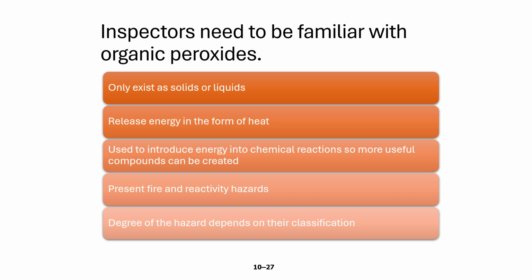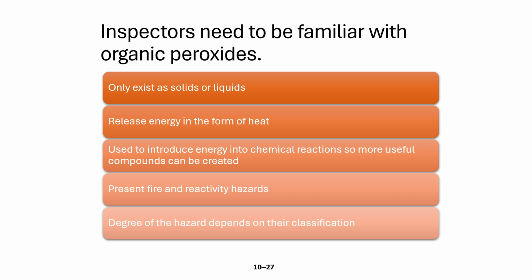So as they react, all organic peroxides exhibit one or all of the following hazards. They're sensitive to heat. They release heat when they start to decompose. They form free radicals when they start decomposing.